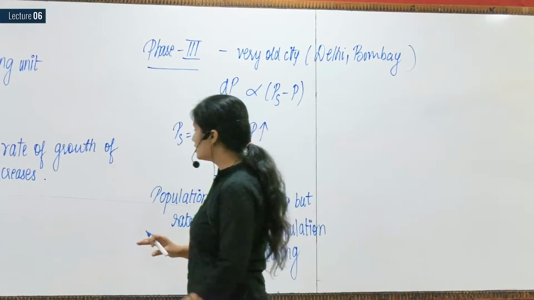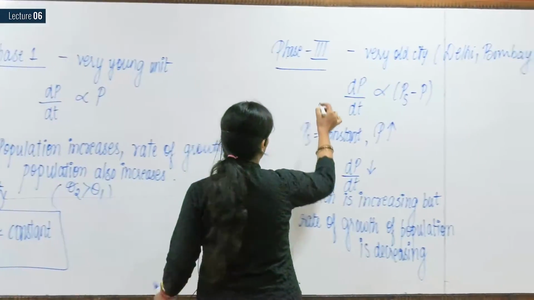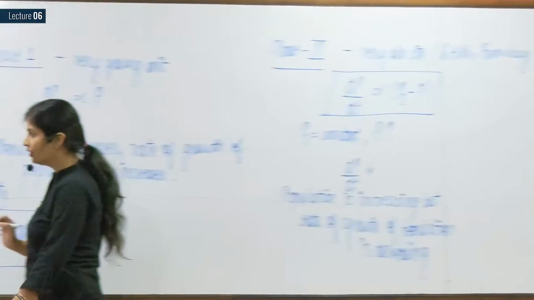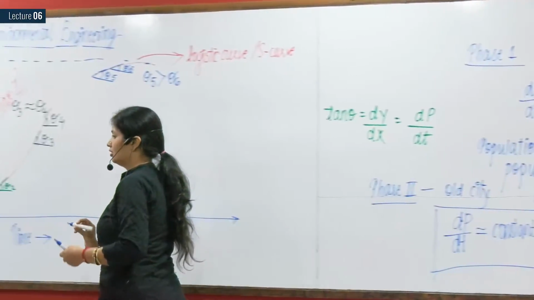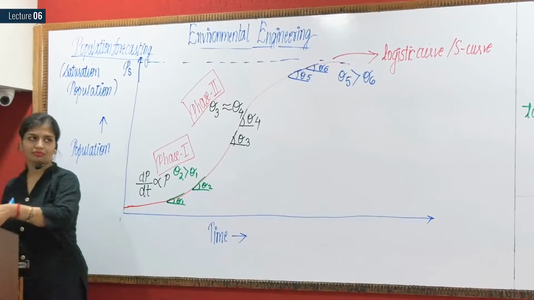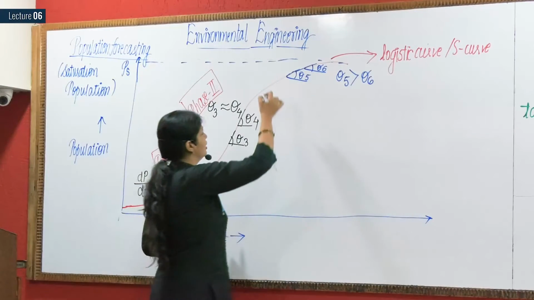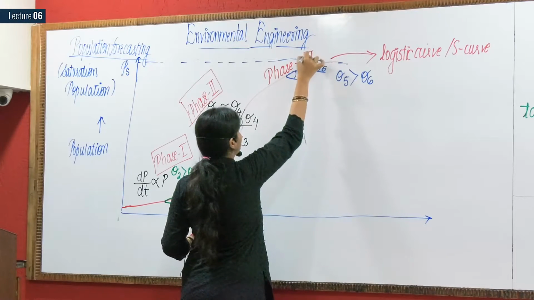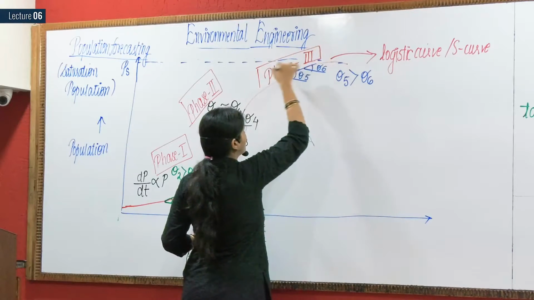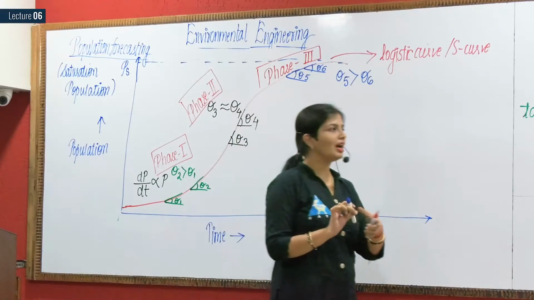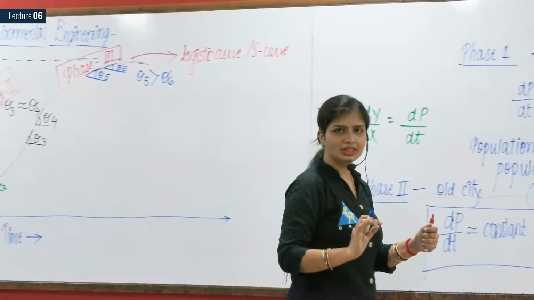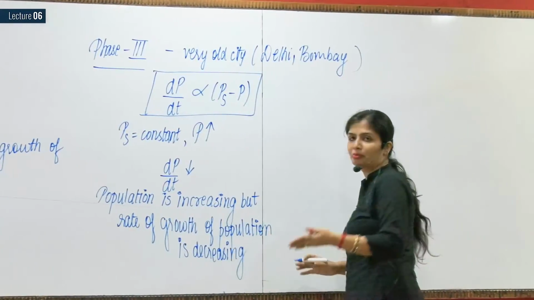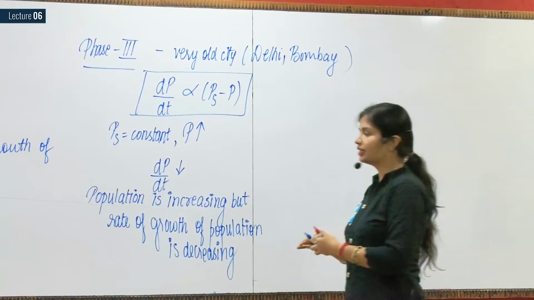So what type of city are we talking about? It depends upon the percentage rate of growth. You can see here, I'll mark phase 3. There are 3 points which you should remember, but if you're clear with that diagram, it's understood.